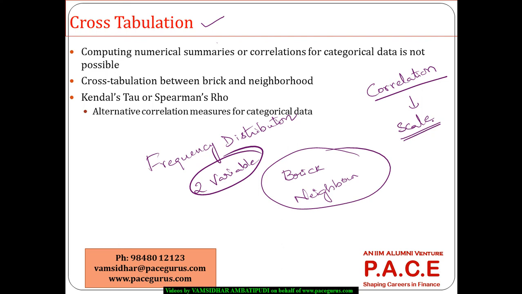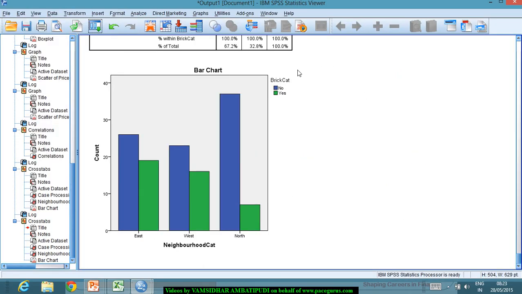Whereas if I have to look at the correlation for categorical data, I have two other measures called Kendall's tau and Spearman's rho. These are equivalent correlation measures. Rho is actually called a rank correlation. These are different correlation measures which are more applicable to categorical data.